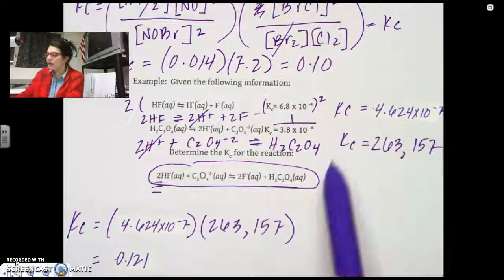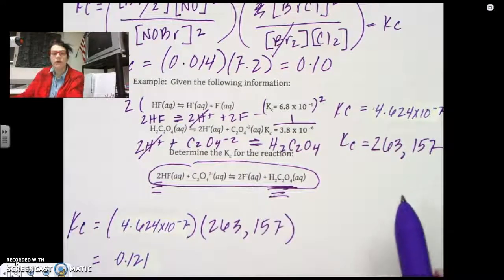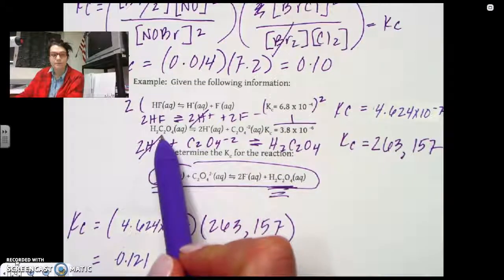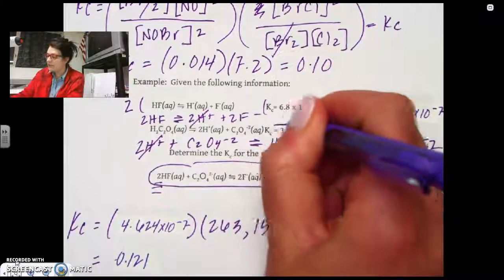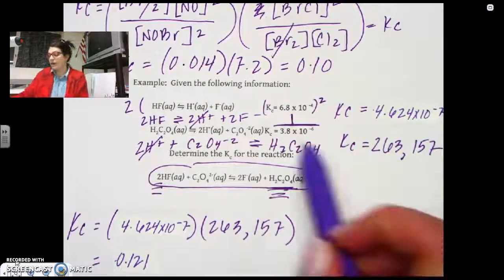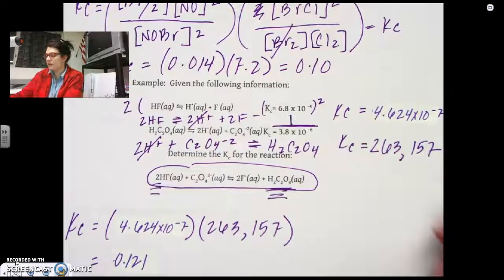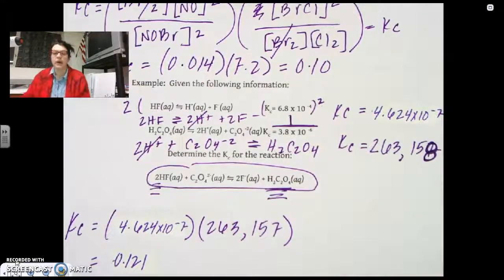And then you'll notice down here as well that your H2C2O4 ends up on the product side, where it's on the reactant side here. Since you're flipping the equation, you have to take the inverse Kc for that reaction. If I do 1 over this value, you get somewhere close to 263,158, and this should be 8 because I forgot to round.